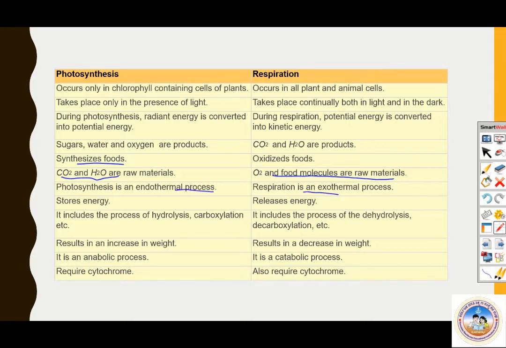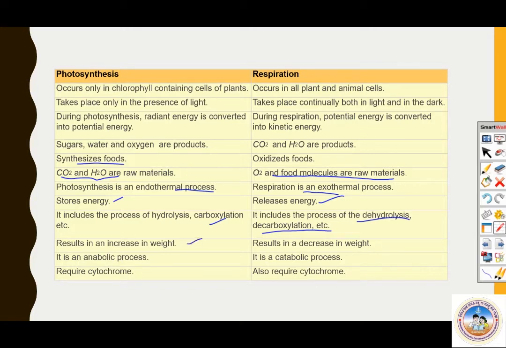This one is an exothermal process. So photosynthesis stores energy, and this releases the energy. Next, photosynthesis includes hydrolysis and carboxylation: hydrolysis, the splitting, and carboxylation, the fixing of carbon dioxide. Whereas here, it involves dehydrogenation, removal of the water, and decarboxylation, removal of the carbon dioxide.